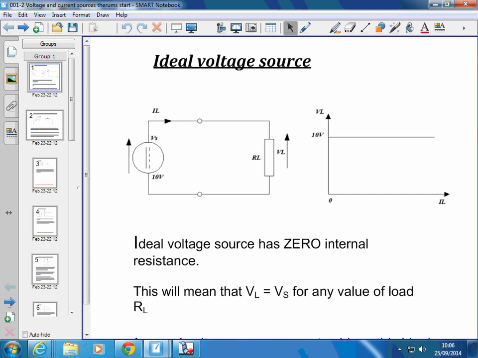And so if that's going to be ideal, then we've got a source here with no other resistance involved in it. There are its terminals 1 and 2, and it will always give me 10 volts to the load, regardless of what the value of that load is and what current it's going to draw.